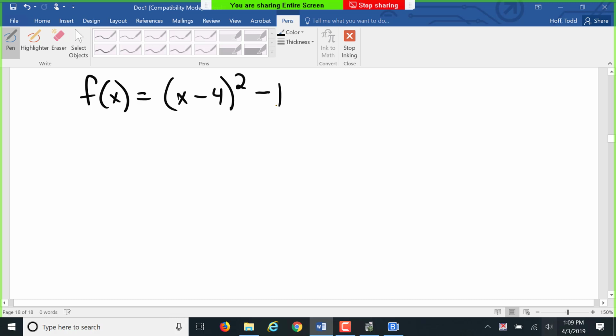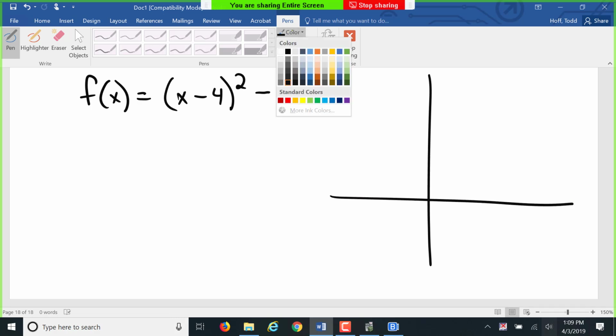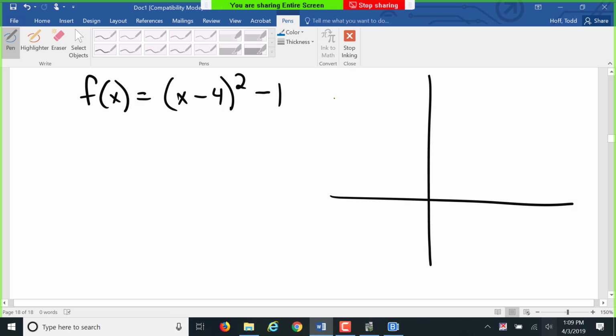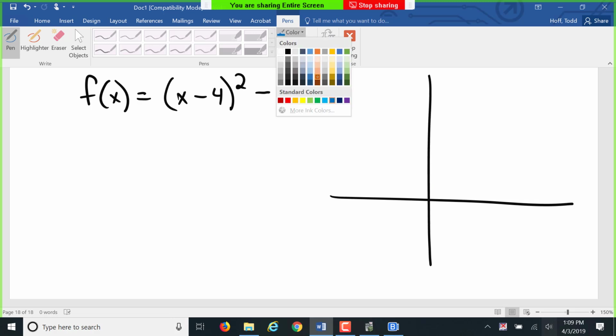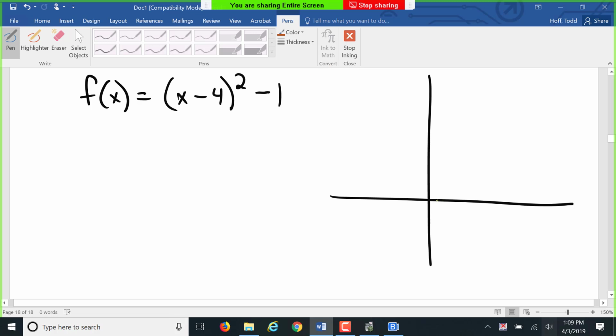So for this one, f of x equals (x minus 4) squared minus 1. Of course, it's a parabola. The vertex is going to be at what coordinate? 4, negative 1. Very good.